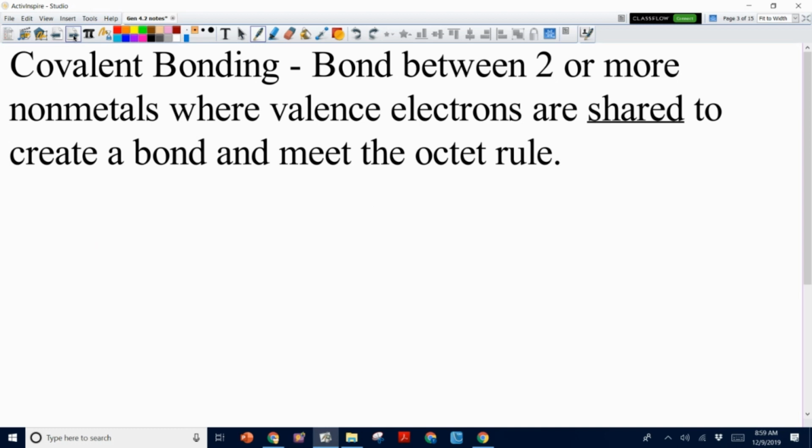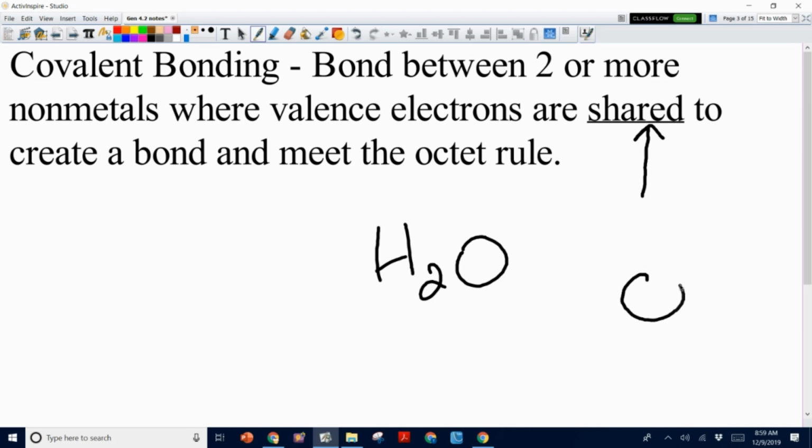All right, so covalent bonding is a bond between two or more nonmetals where valence electrons are shared. That's the key there, shared. They're shared to create a bond to meet the octet rule. For example, let's take water, H2O. We're going to look at lines.